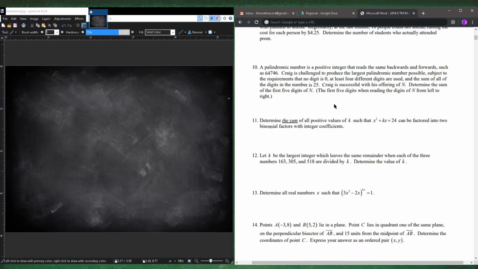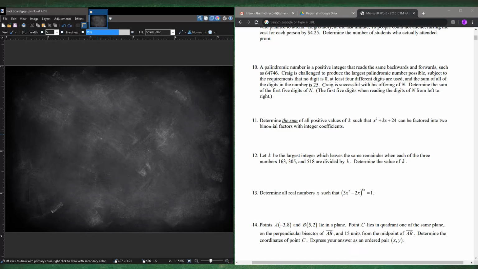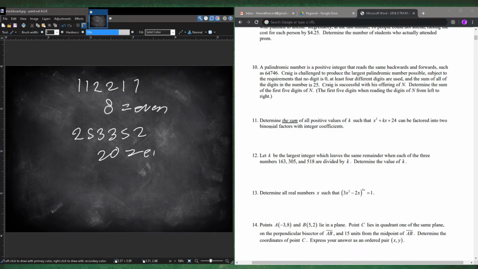Let's say there's an even amount of digits, like 2 2 1 1 1 1 2 2. The sum is 12, an even number. Or 2 5 3 3 5 2: that's 5, that's 10, that's 20. That's an even number, right?